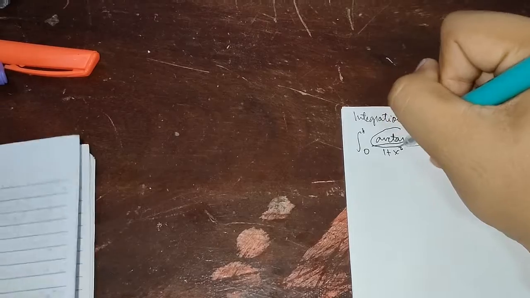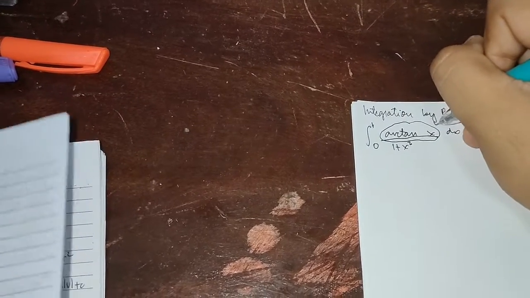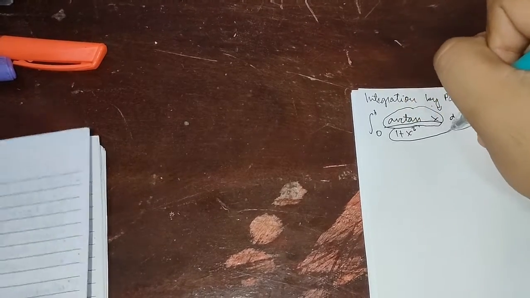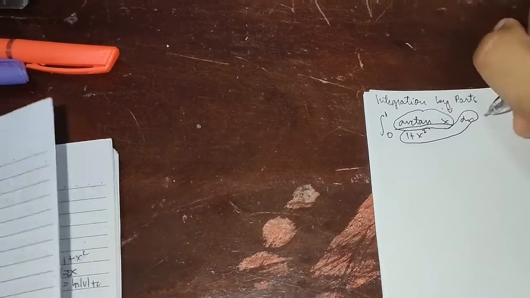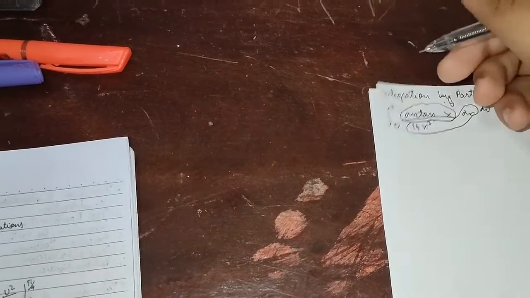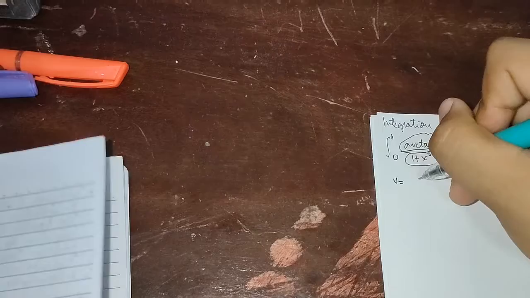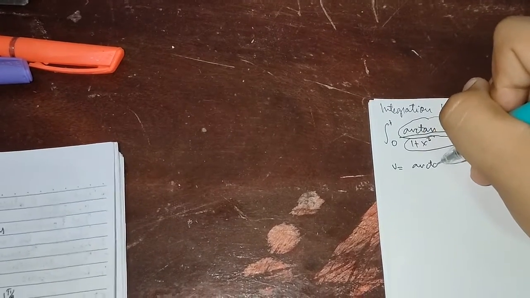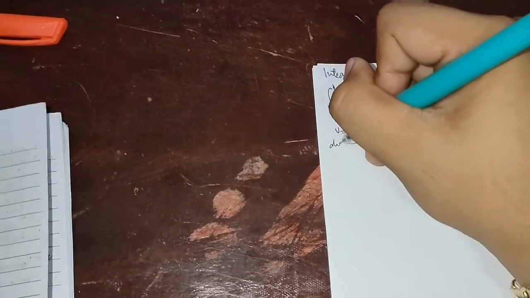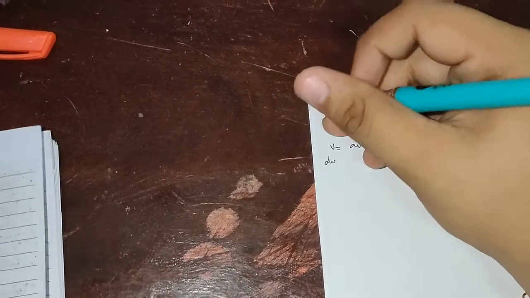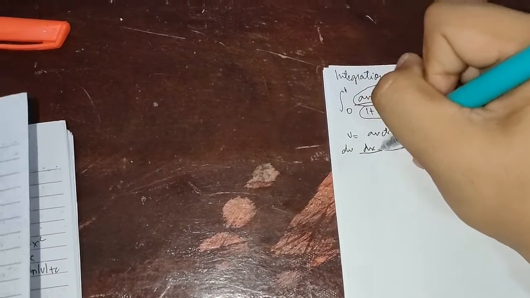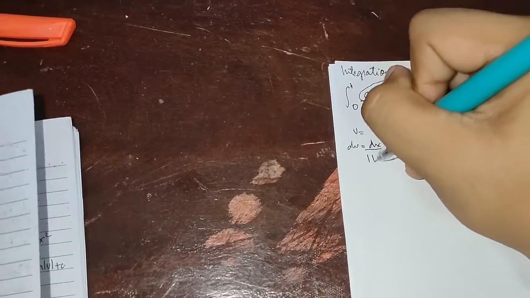Our arctan x here is our u, and the dx over 1 plus x squared will be our du. So our u is arctan x, our du is dx over 1 plus x squared.